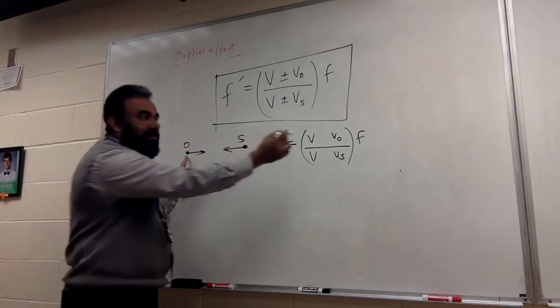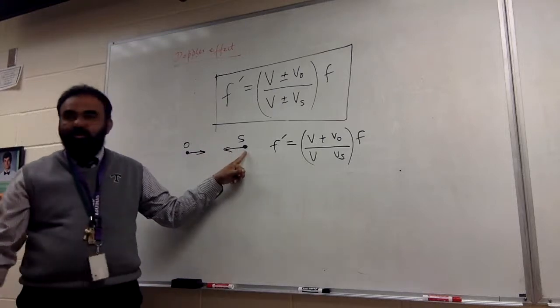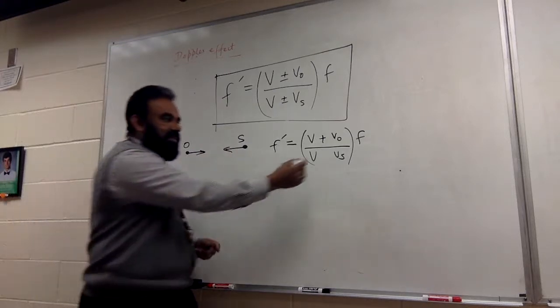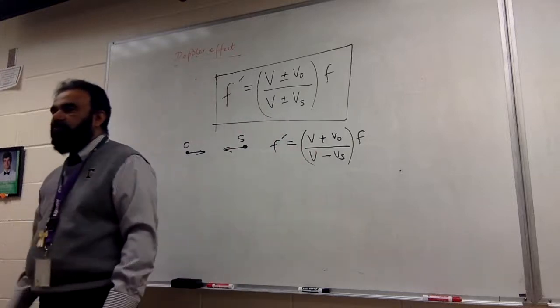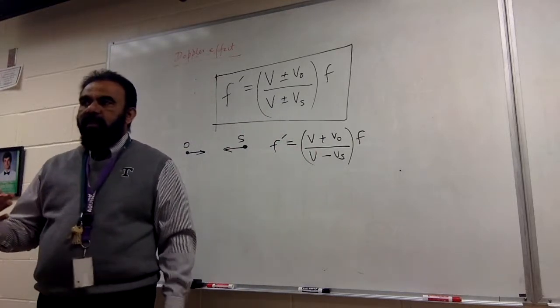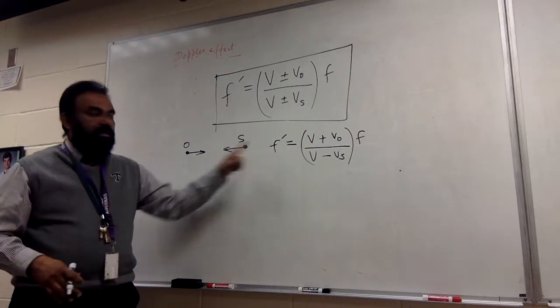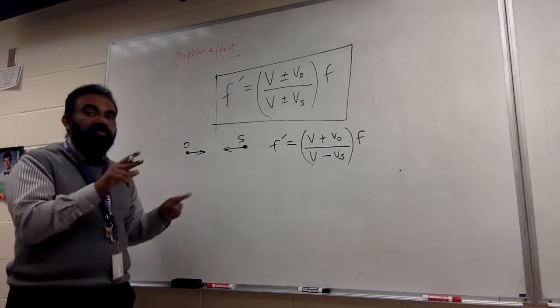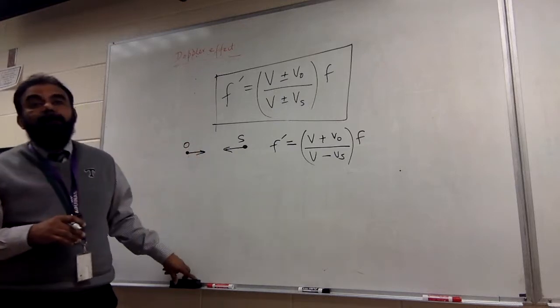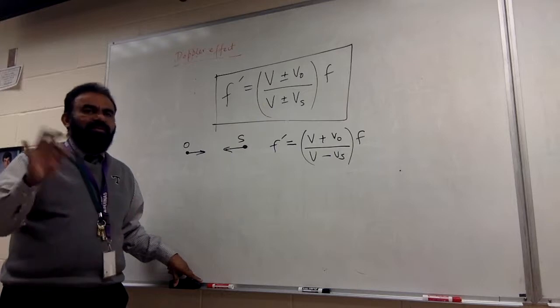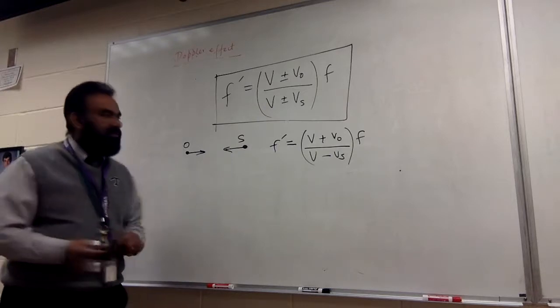So what should happen to the top? Is the source going towards? Yes. So what should happen to the denominator? Minus. That's it. You got the equation. You understand that? How you choose the equation is purely based on looking at each one and saying whether it's going towards or away. And they'll give us V and F, all the variables you need.